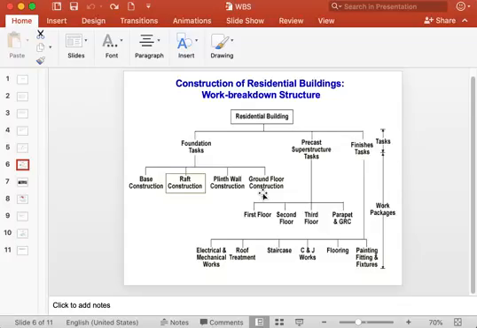So if all these work packages are completed, then it will complete the foundation task.